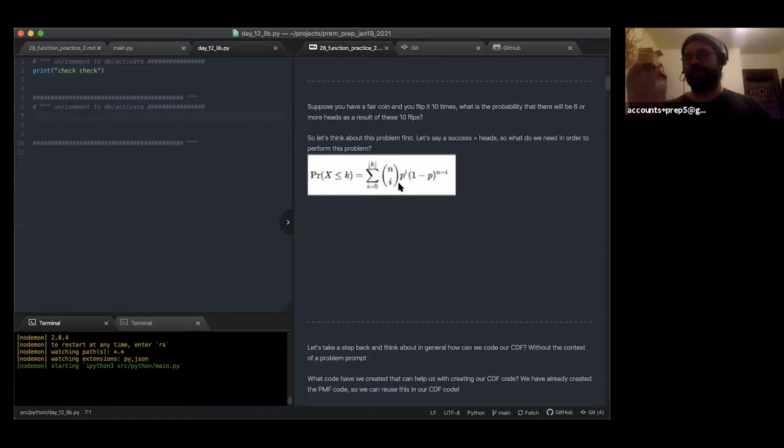And you can plug in K instead of I. It's usually tradition, but either way, it's still the same formula: n choose k times p to the k times 1 minus p to the n minus k. So that's our PMF formula.